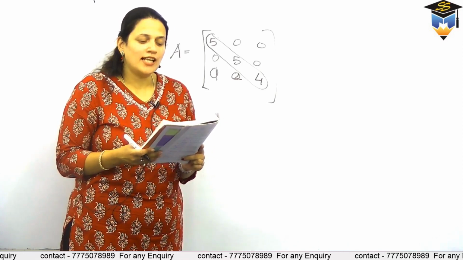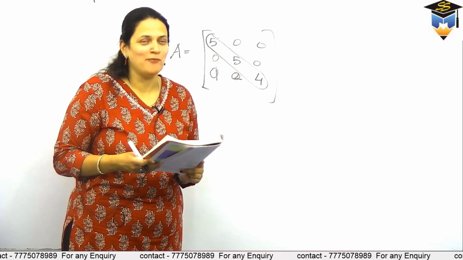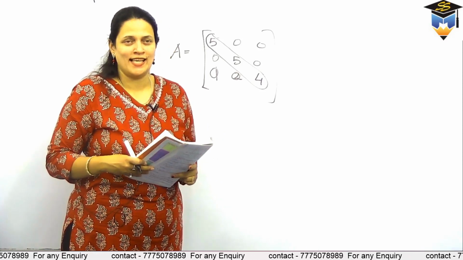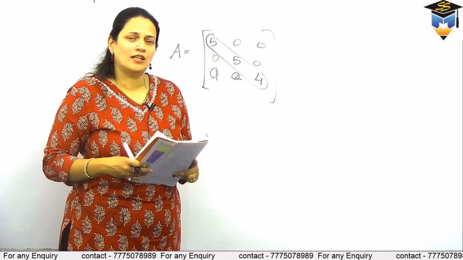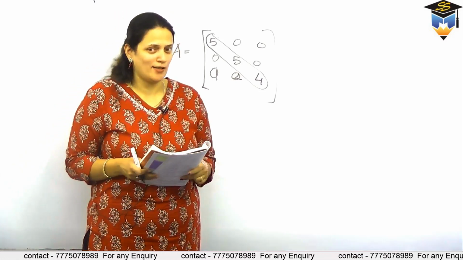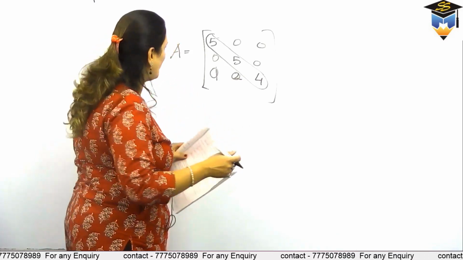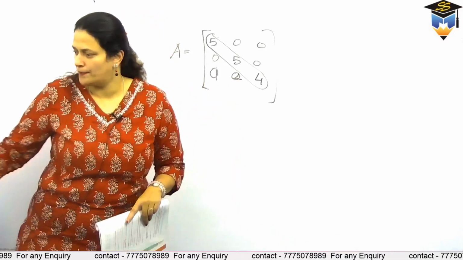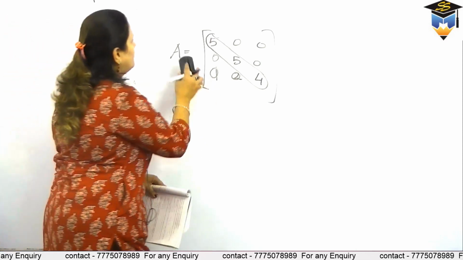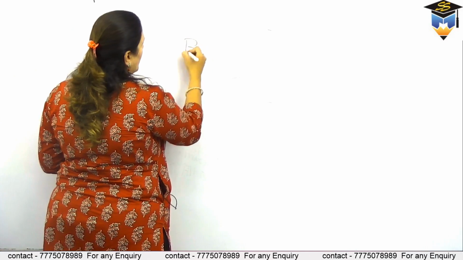A diagonal matrix in which all the diagonal elements are the same is called a scalar matrix. Can anybody tell me what exactly a scalar matrix is? Shall I give you an example? Let us suppose we have B as our matrix.